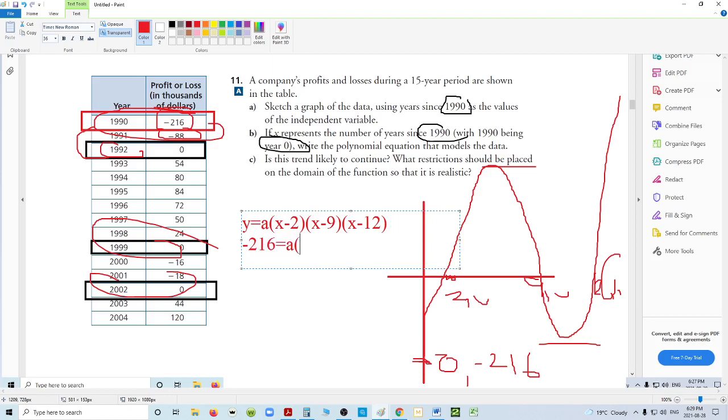So it's going to be a times minus 2 times minus 9 times minus 12. And I'm going to discover minus 216 is equal to minus 216a. So a is positive 1. A is equal to 1, which means my equation has no a. And this will be it. x minus 2, x minus 9, x minus 12.